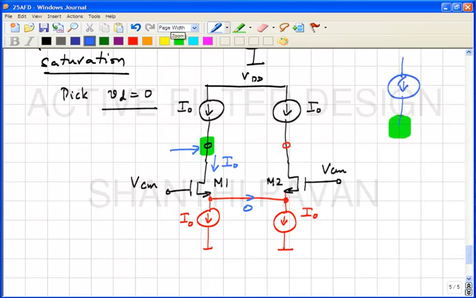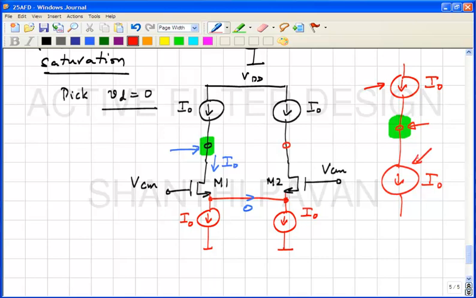One current source, I naught, is attempting to push the potential of this node up, whereas this current source is attempting to pull the potential down, correct?